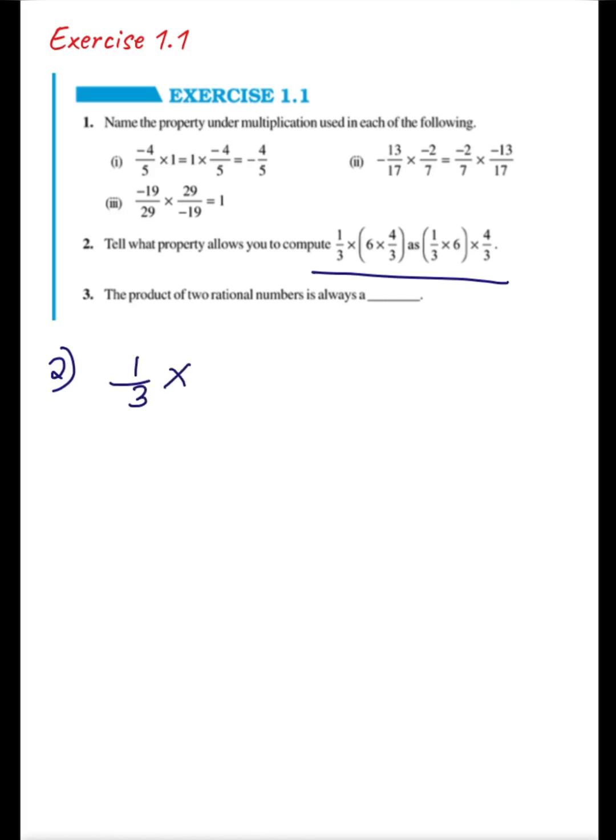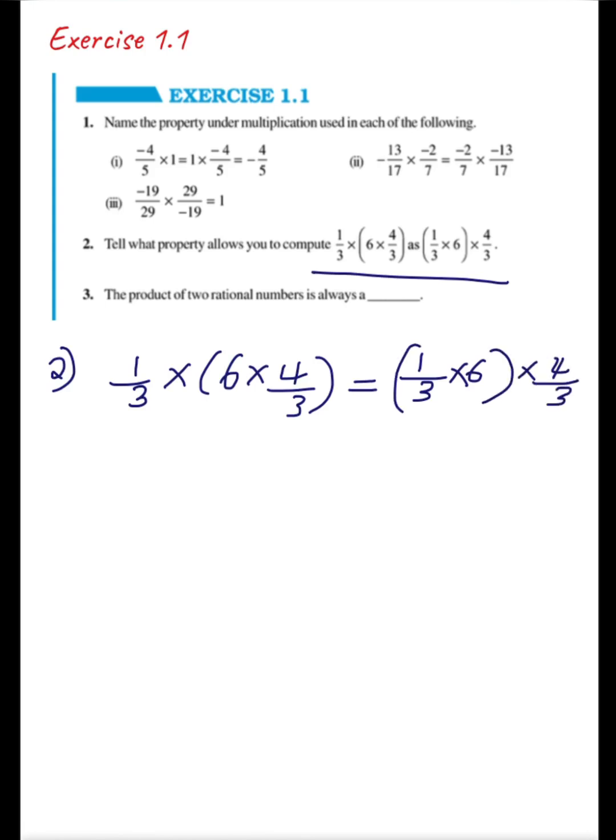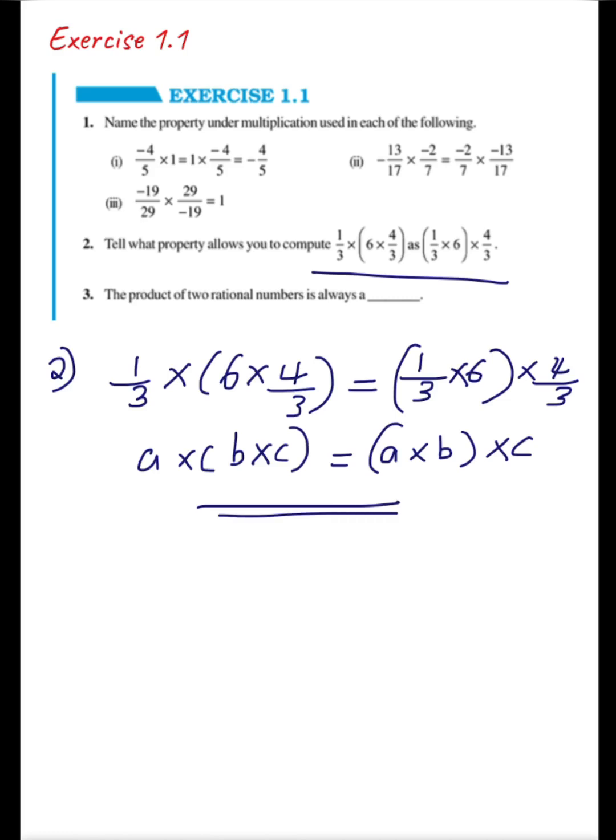That means you can write it as A into B into C is equal to A into B into C. What property is this? This is the associative property, or you can say associativity.